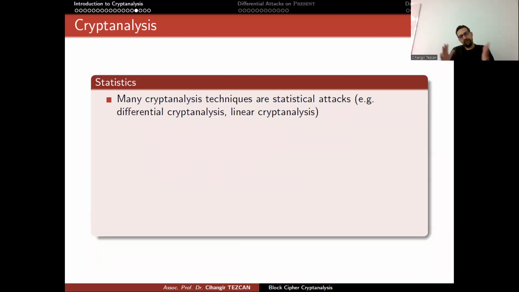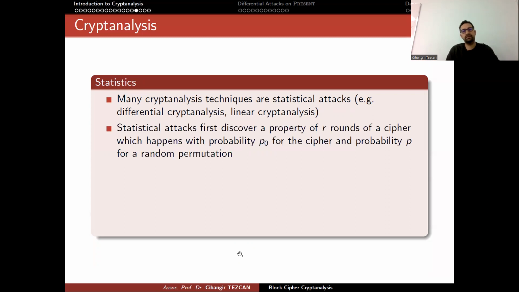So I will finish this topic by giving the main theory behind the cryptanalysis of these non-generic attacks. We have to think about statistics here, because almost all of these attacks are statistical attacks. So having knowledge of probability theory is a good thing here. Many cryptanalysis techniques are statistical attacks, like linear cryptanalysis and differential cryptanalysis.